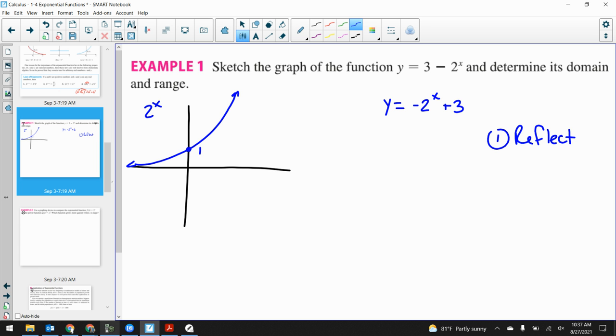So it's a reflection over the x-axis. Reflect over x. If it were a reflection over the y-axis, it would be happening within the exponent. Because if that was a negative up in the exponent, that would turn it into a fraction, which would make it not growth, but decay. And then the second thing that would happen would be the up 3 units.